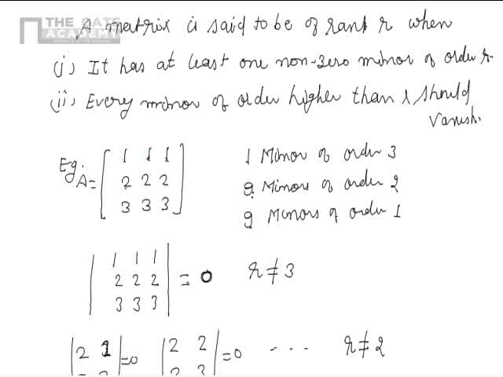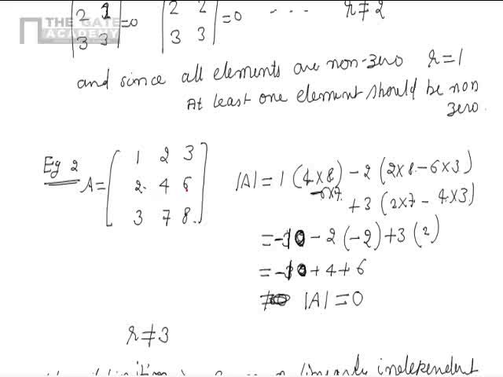And in this case, if we see 1 2 3 and 2 4 6, the second row again can be obtained by multiplying 2 to the first row, but the last row is not a dependent row. So the total number of independent rows is 2. That's how the rank of the matrix is 2 here.